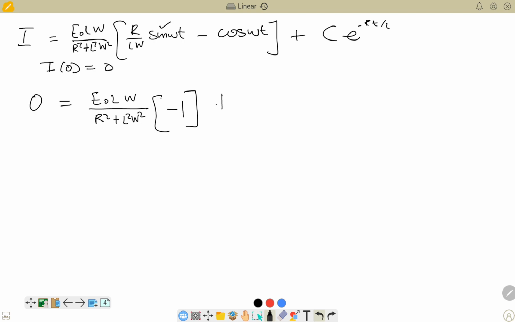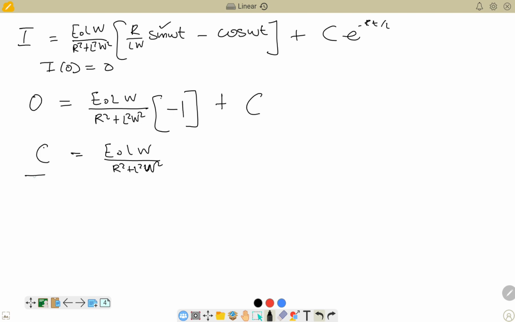Then we'll have C. Everything will be e to the power 0 when we plug 0 in the place of t on the exponential function. E to the power 0 is 1, so we'll be left with C. So when we solve for C, we'll find that it is E naught LW over R square plus L square W square.